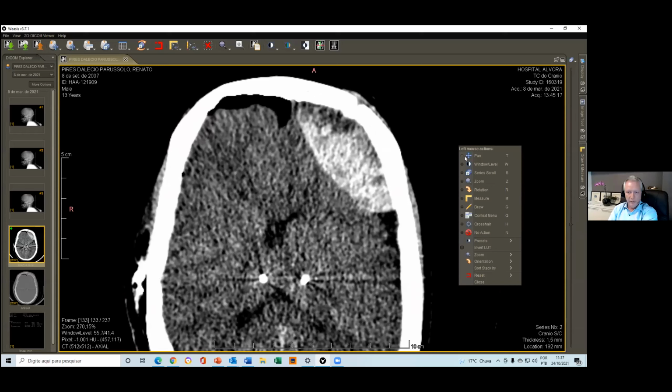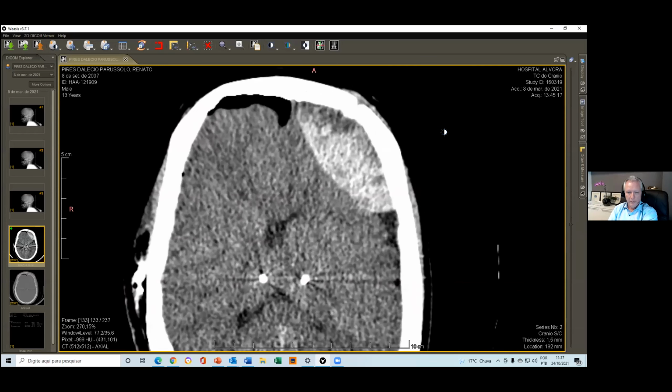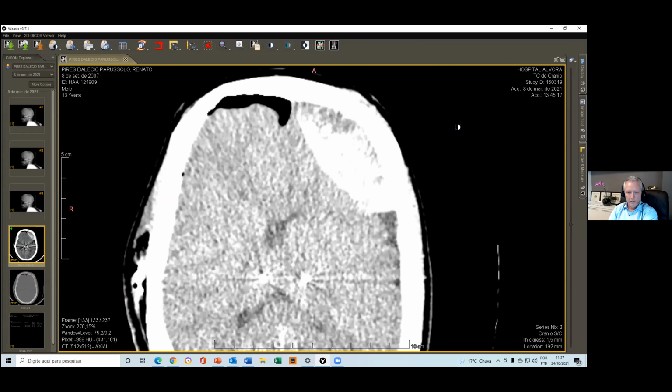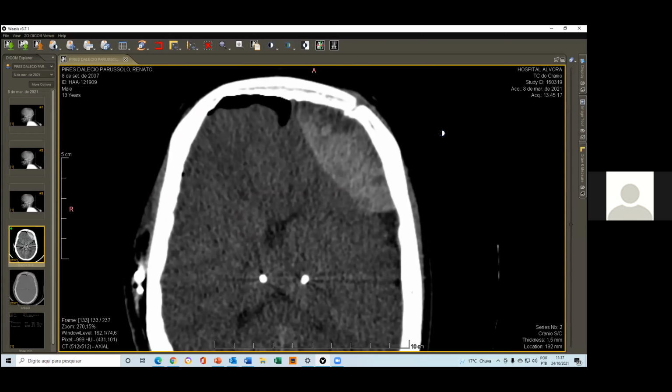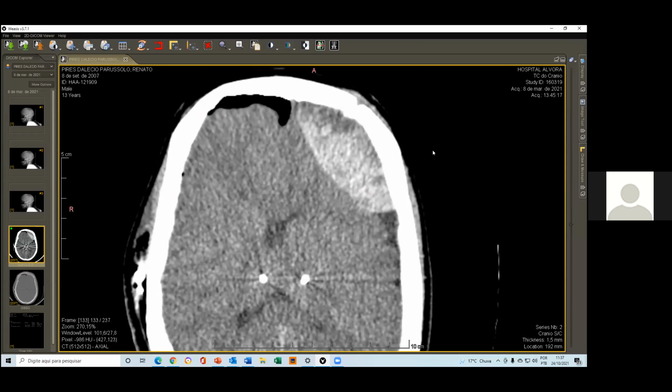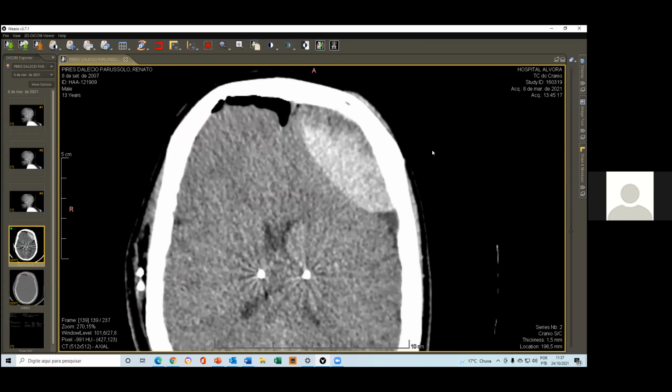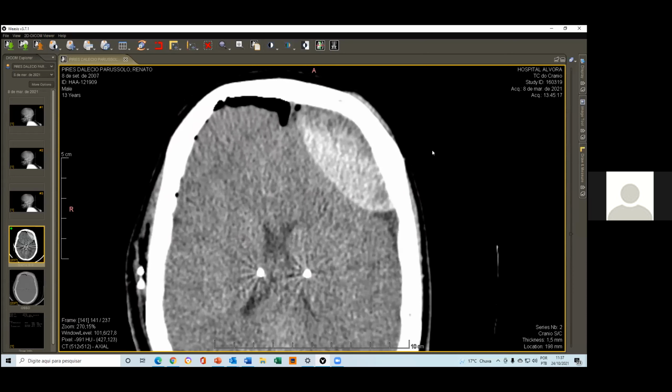Let's do some windowing here. I think what it shows us is that sometimes you have to be extremely pragmatic, doesn't it?